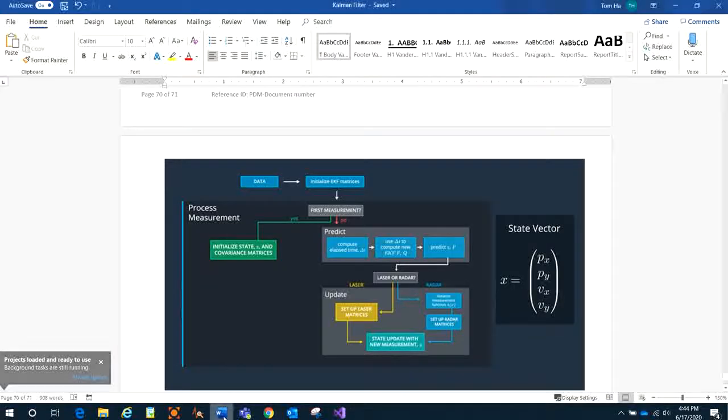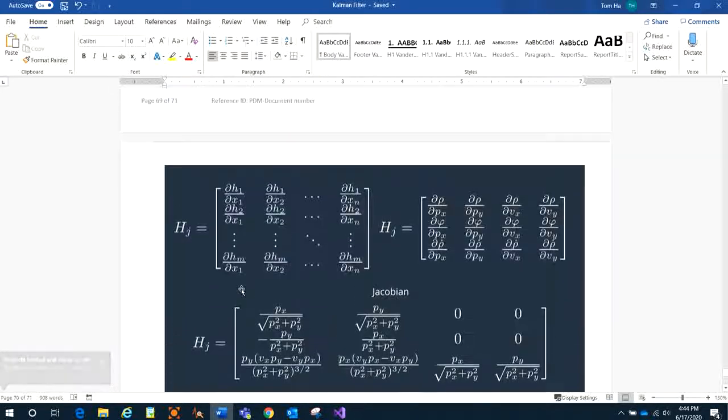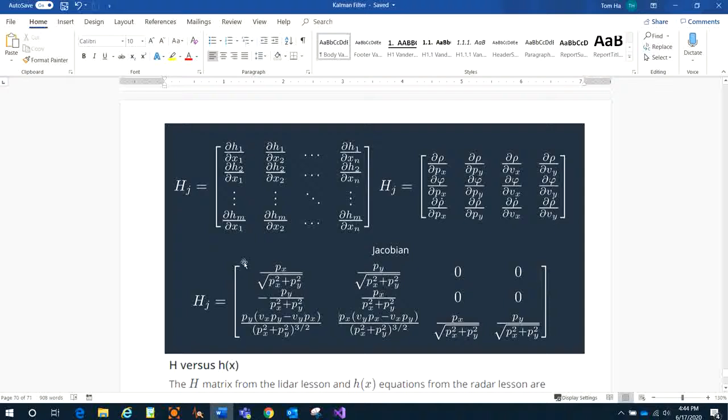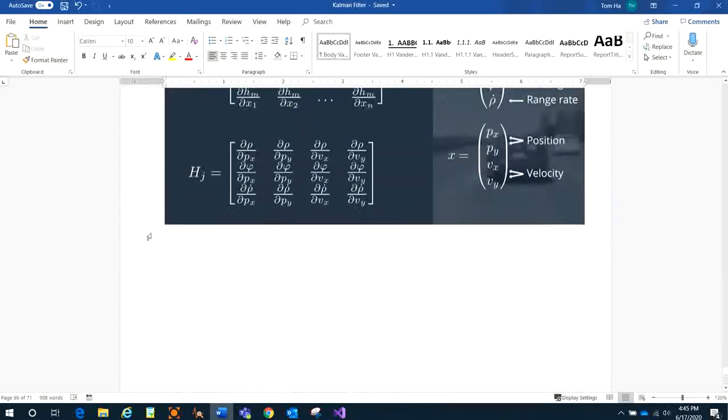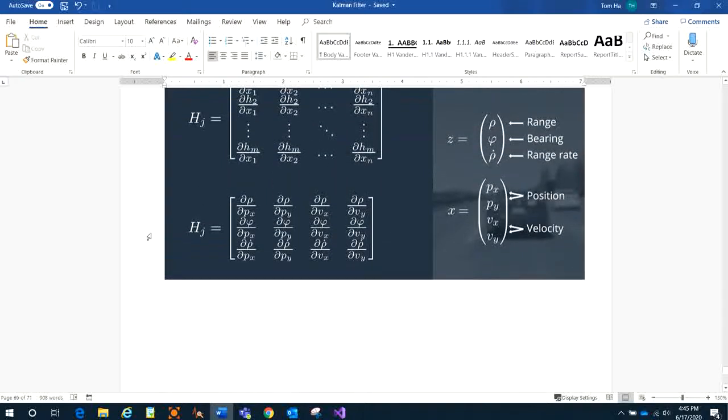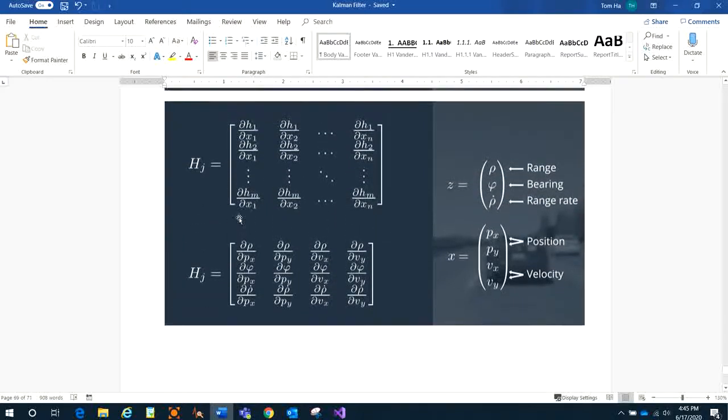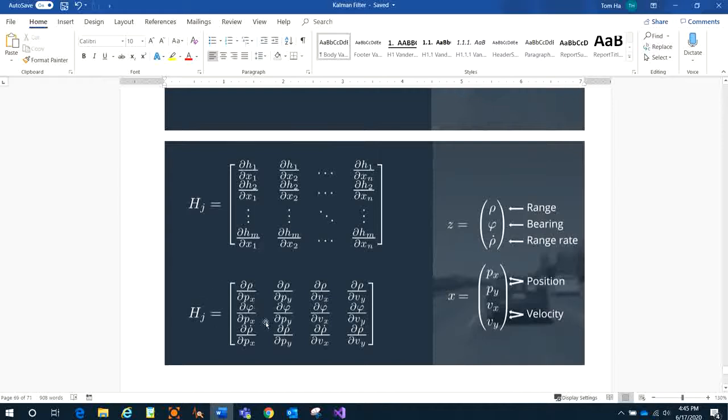Let's remember here, the more important thing is that you have to calculate the Jacobian matrix. From the Jacobian matrix, we do the same way as for the laser. We update the state x and P, right? If you already know about the laser measurement update, the radar is the same way, but the difference is that they have to use the Jacobian to get the measurement matrix, okay?